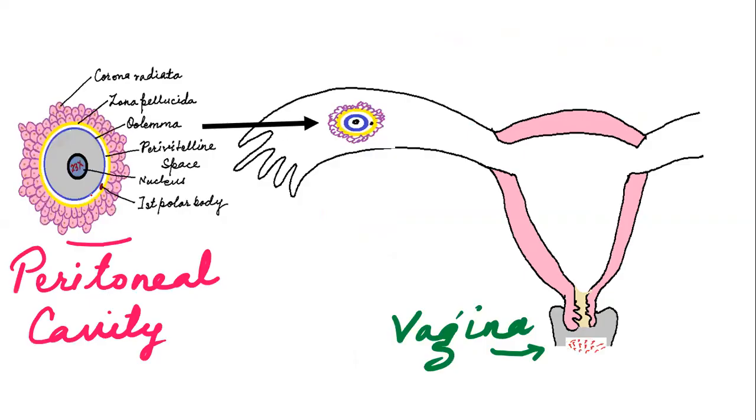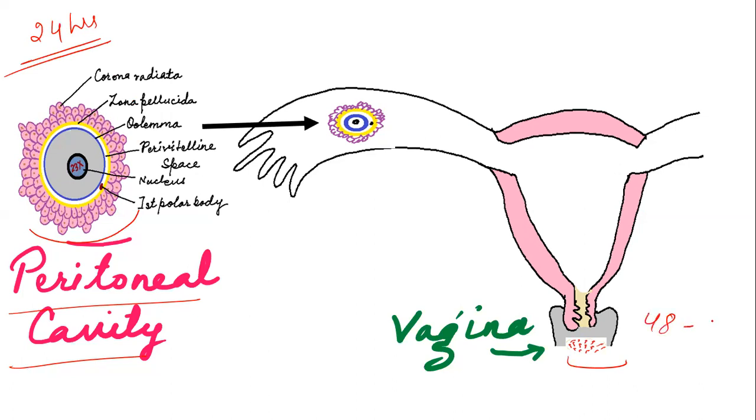Now, the ova is released in the peritoneal cavity and sperm is deposited in the vagina. The lifespan of ova is around 24 hours, and the lifespan of sperm is longer, between 48 to 72 hours.